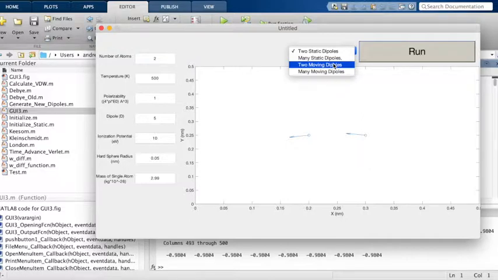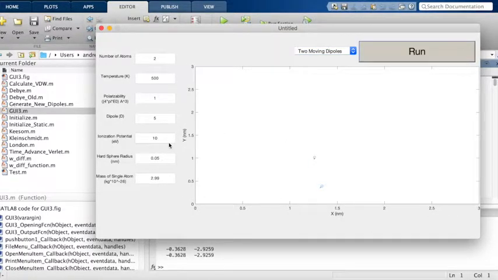The other type of simulation that we're going to run is two moving and many moving dipoles. So it's a similar idea, except we're no longer fixed in space. And now it's going to look at not just the Keesom interaction, which was all we were looking at before, but we're also going to include the London and Debye interactions. So two moving dipoles looks something like this.